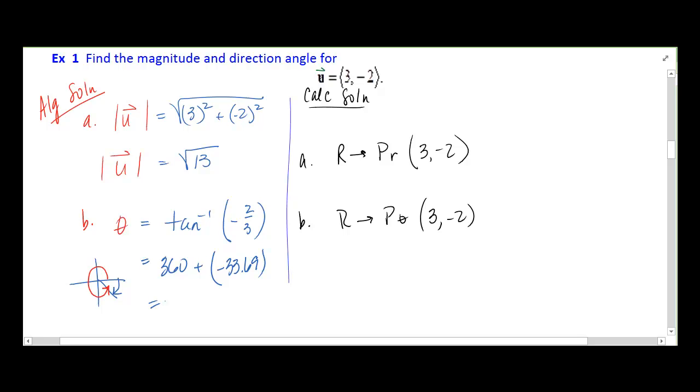And that gives me a value for theta of 326.31. So algebraically, this is the form that we use. We have a formula for the magnitude as well as the inverse tangent for theta. Well, we can do this just as easily on the calculator.